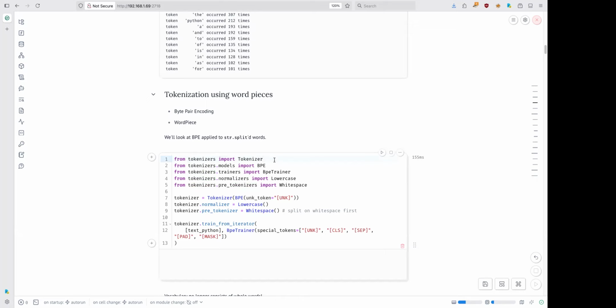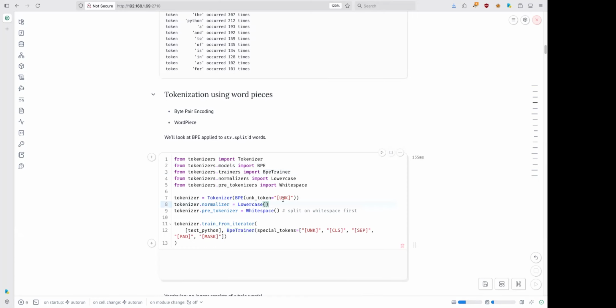It provides tools for training tokenizers. Here we use BPE, which is the usual byte-pair encoding. We have some kind of process for training the tokenizer. And as a pre-processing step, we can do multiple things.